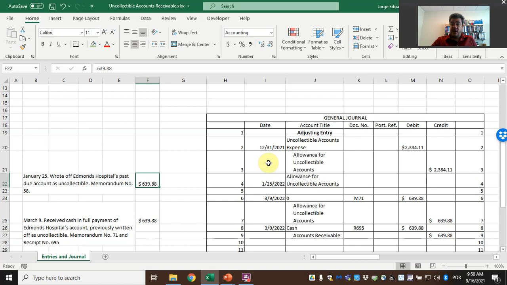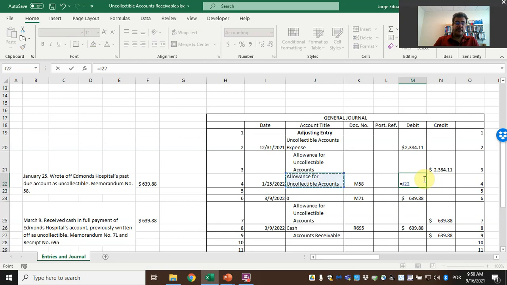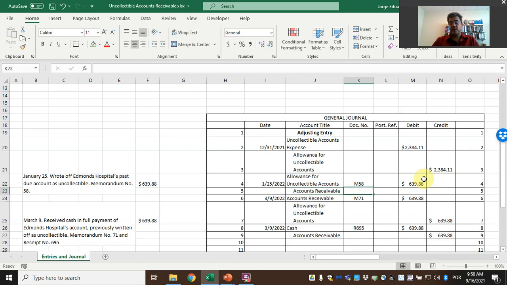Now, the actual number, we need to reduce our estimated numbers. Based on Memorandum 58, our debit 639, and now we credit accounts receivable.